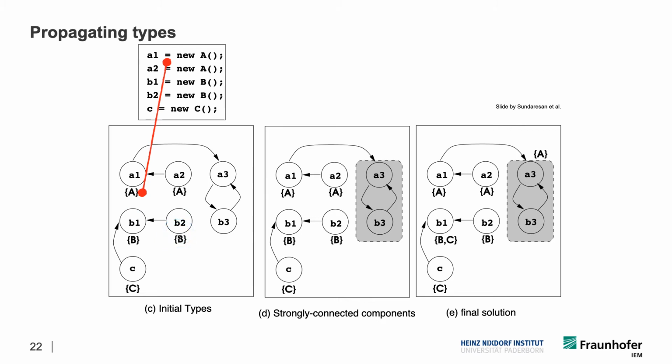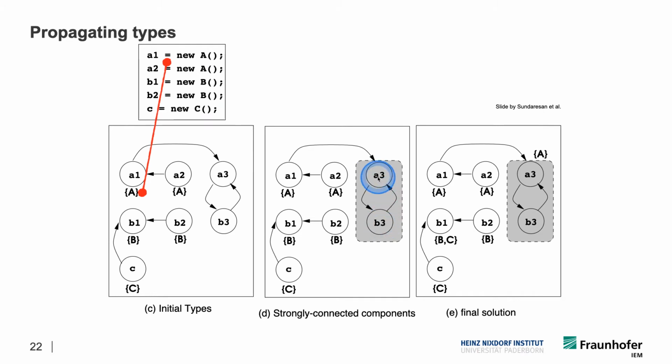And then, once we have done that for all the different variables, right, then we simply do the next step. So in the second step, we identify so-called strongly connected components. So a strongly connected component, or SCC, is one where every node is reachable from every other node, right? So this, for instance, is an SCC because A3 can be reached from all the other nodes in the same SCC, and the same is true for B3.